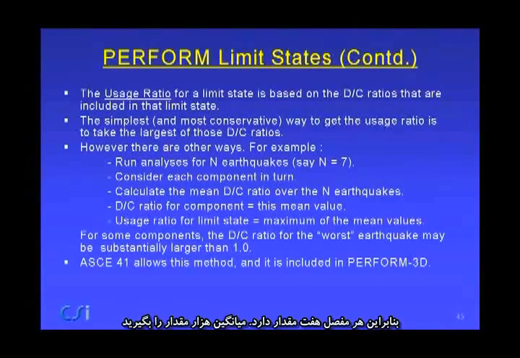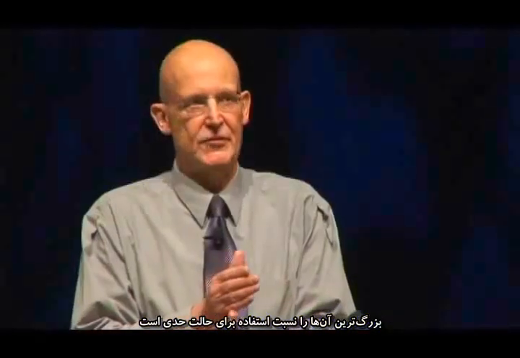So each hinge, you've got 7 values. Take the mean, you've got 1,000 mean values. Take the largest of those, that's the usage ratio for the limit state. Now the demand capacity ratios for some hinges, for some earthquakes, may be larger than 1, possibly substantially larger than 1. But the biggest of the mean values would need to be less than 1.